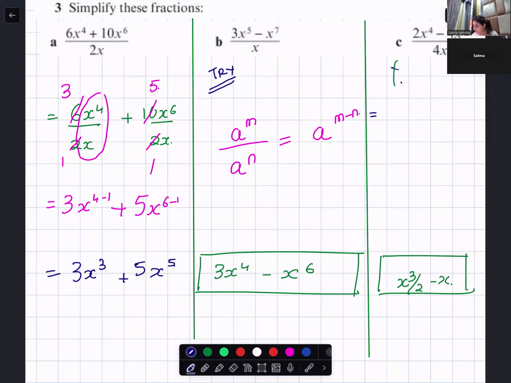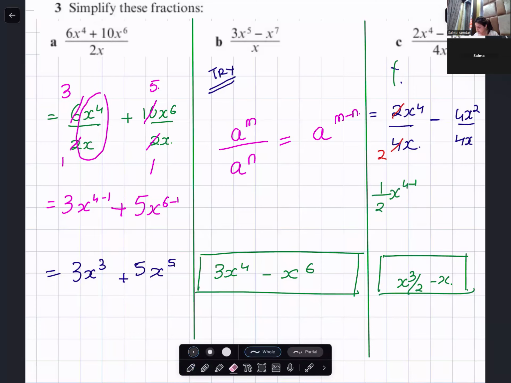So this would be 2x4 over 4x, minus sign would remain in between, 4x squared over 4x. Now I would do 2 ones and 2 twos. So this becomes 1 by 2 x raised to 4 minus 1.